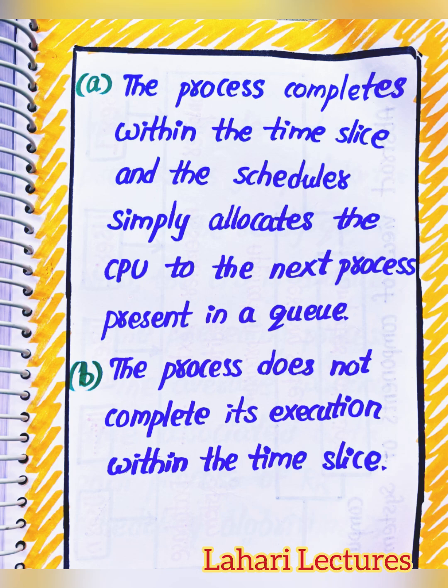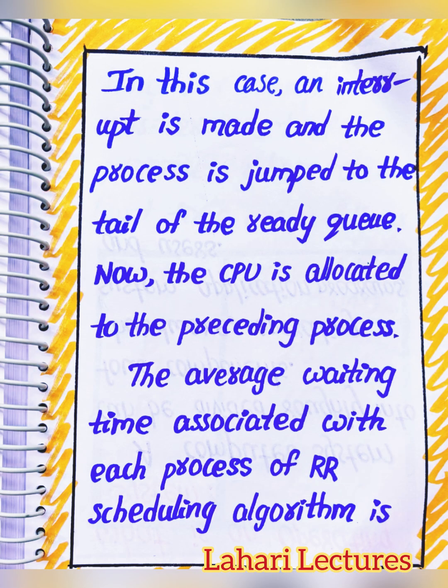Next, the process does not complete its execution within the time slice. In this case, an interrupt is made and the process is moved to the tail of the ready queue. Now the CPU is allocated to the next process.